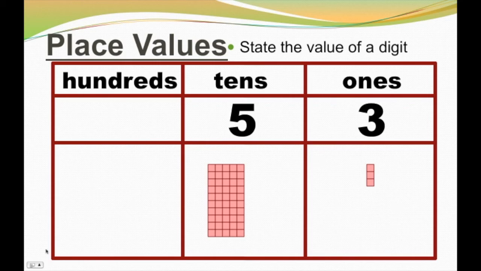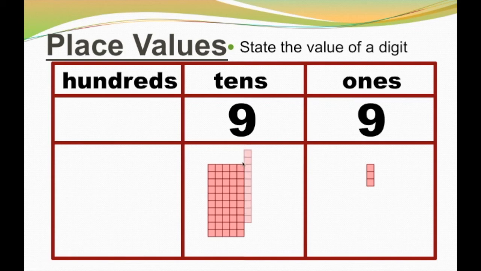But what if I decided to go all the way up to 99? Well, it's really just the same concept. I have a 9 in my tens place and a 9 in my ones place. Well, this means I need 9 groups of 10. Right now I have 5.